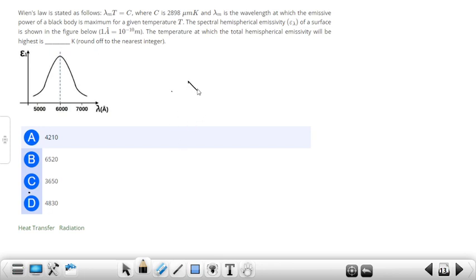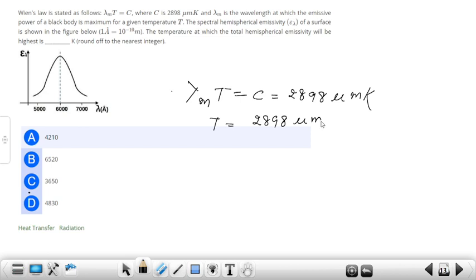So given lambda_m T is equal to a constant, where the constant is 2898 micrometer Kelvin, we have to find the temperature T, which is 2898 micrometer Kelvin divided by lambda_m.